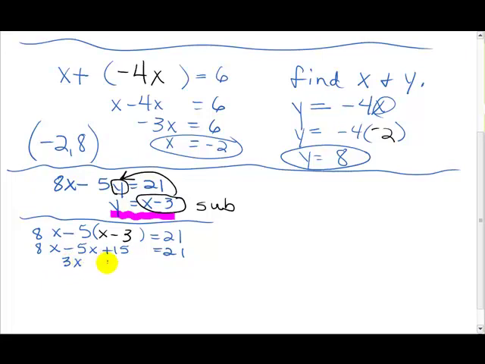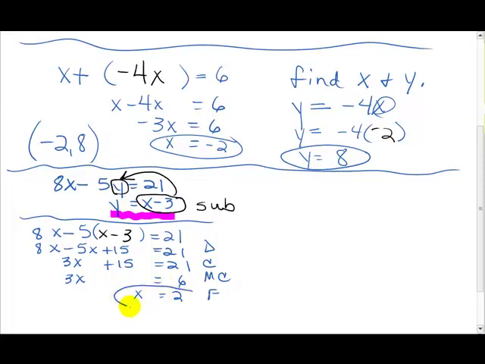Combine like terms. Now we want to move the constant, so subtract 15. Then we want to finish and divide by 3.